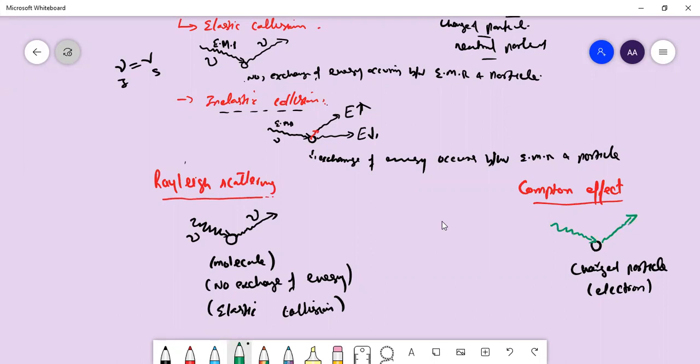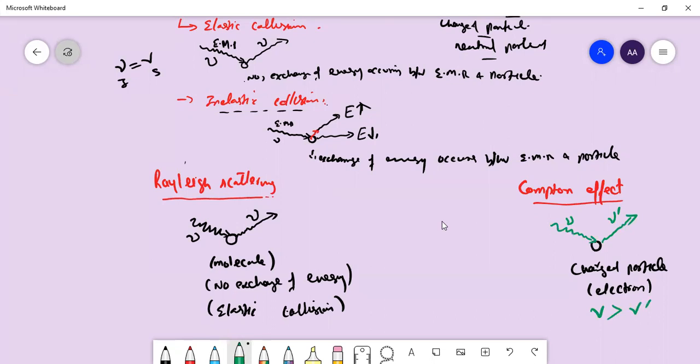For example, if the frequency of the incident radiation is mu, and the scattered radiation is mu bar, then the frequency of the incident radiation will be greater than the frequency of the scattered radiation.